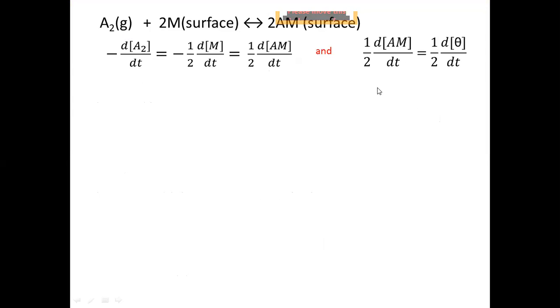And this is actually the rate of the reaction for the same equation. It is written over here, and this is minus d[A2] over dt. So what is this? I am expressing over here the change in concentration, or the change in number of moles or the sites with respect to the change in time, and that is called the rate of the reaction.